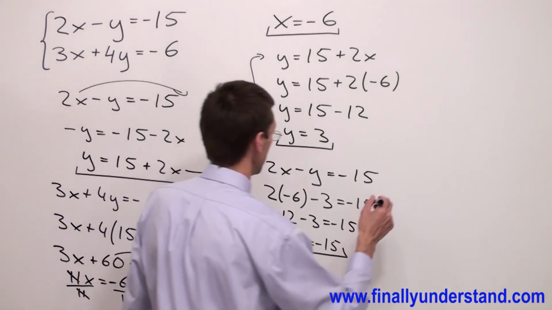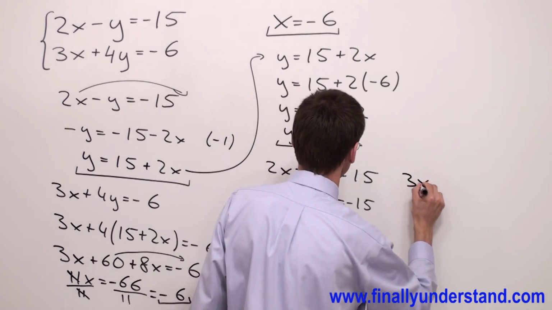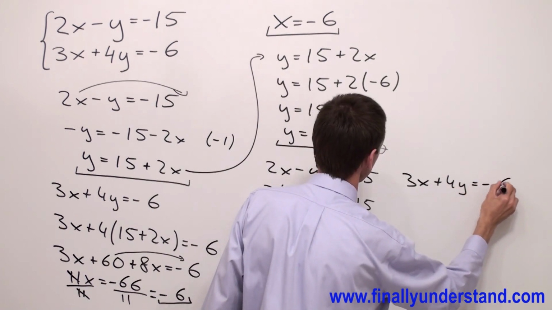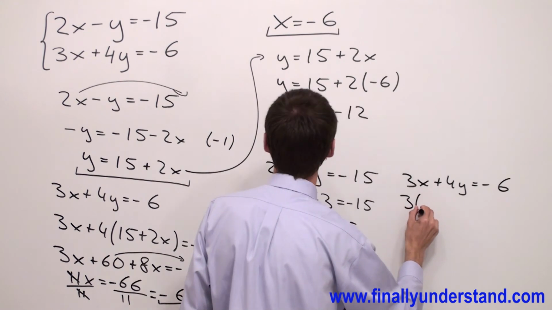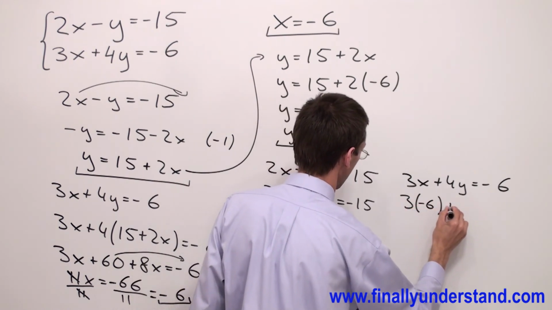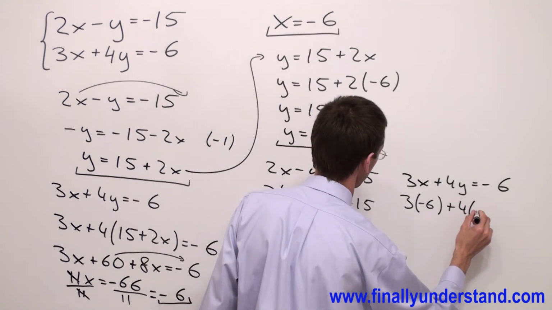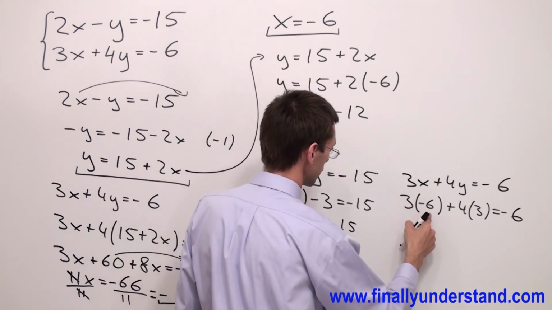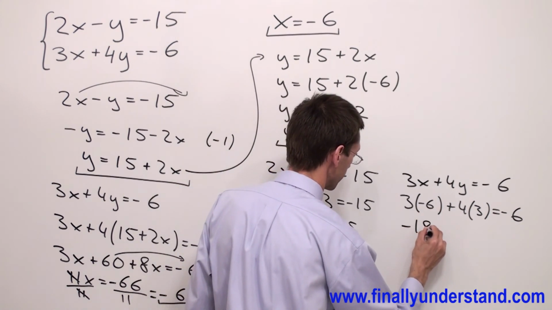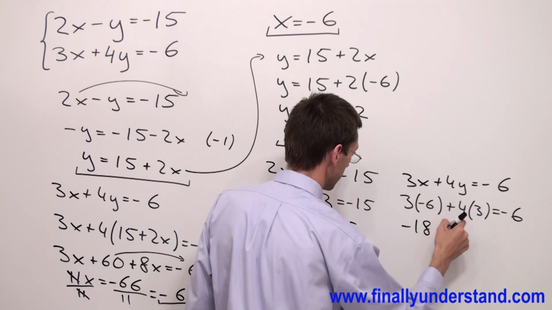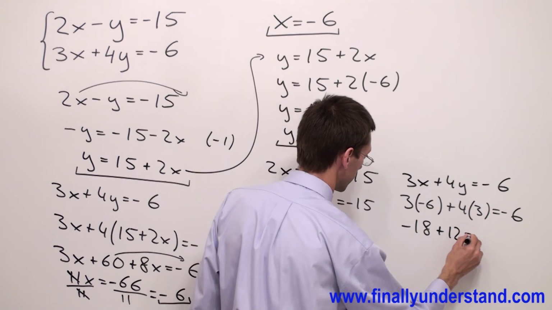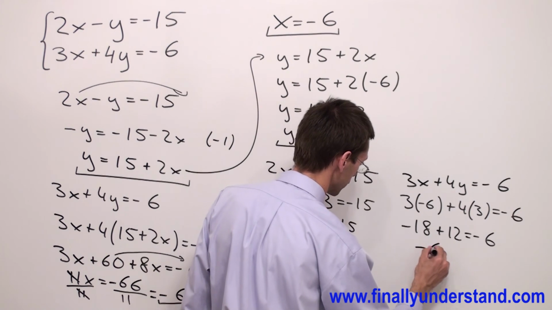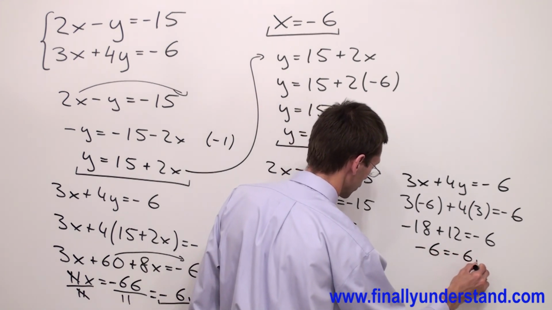So we have 3x plus 4y equals -6. 3 times x, and x is -6, plus 4 times y, which is equal to 3, has to be equal to -6. 3 times -6 is -18. 4 times 3 is equal to 12, equals -6.